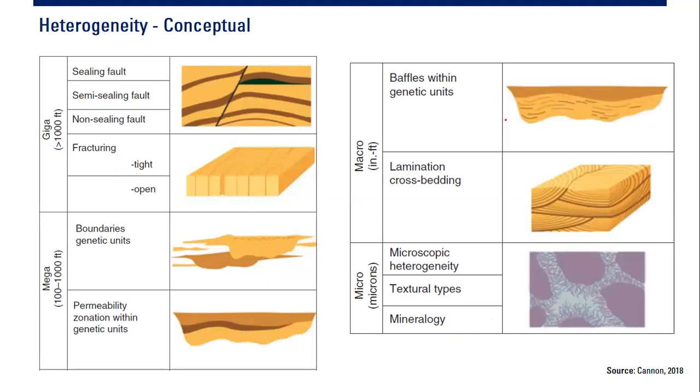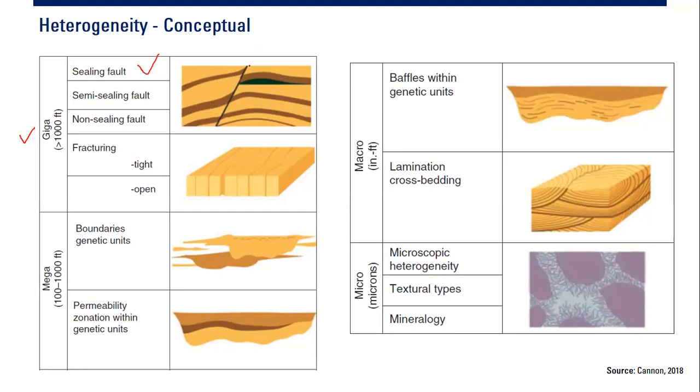Heterogeneity can occur in many scales, right? It's a multi-scale phenomenon. We start with giga scale, more than 1,000 feet. Heterogeneity can occur due to, you can see, a sealing fault.